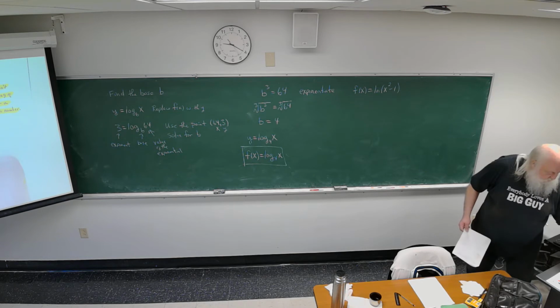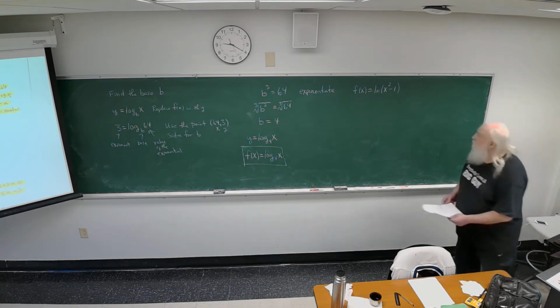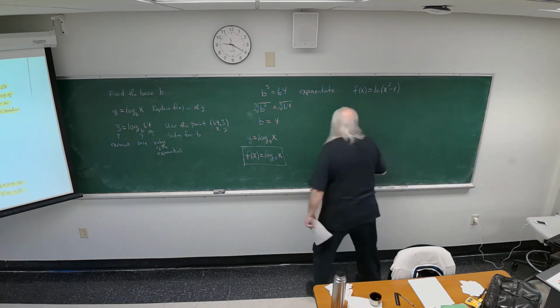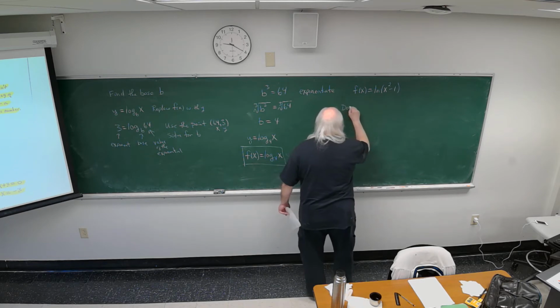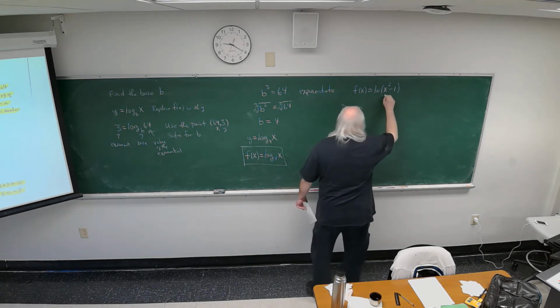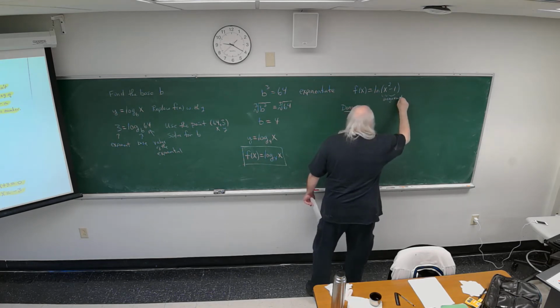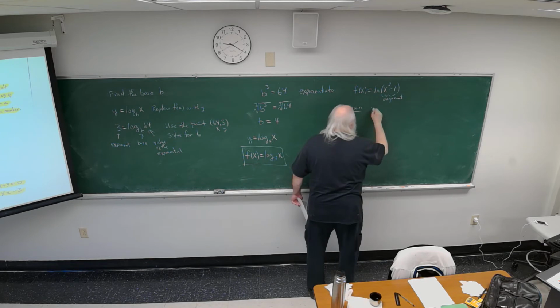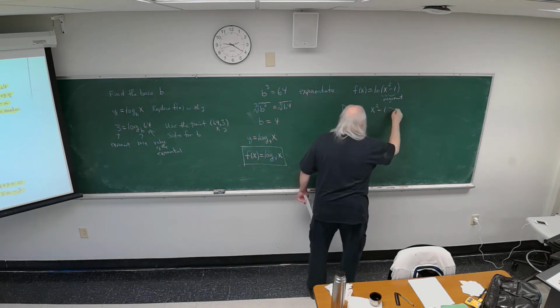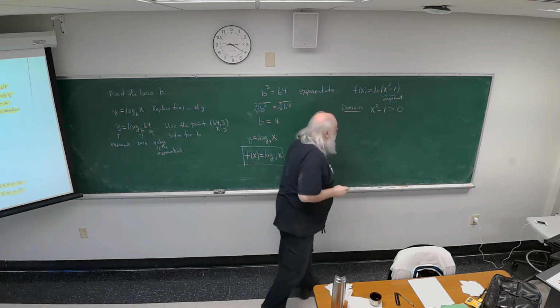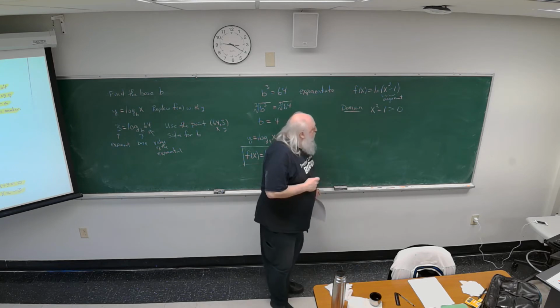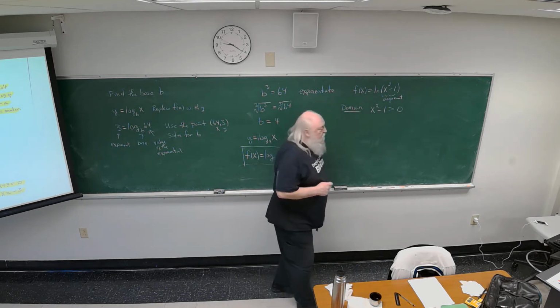So one way of expressing the domain for this function, remember this is called the argument, is to set the argument greater than 0, because you can't take the log of 0 or a negative number.